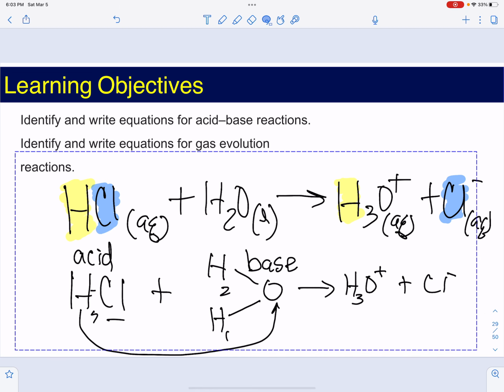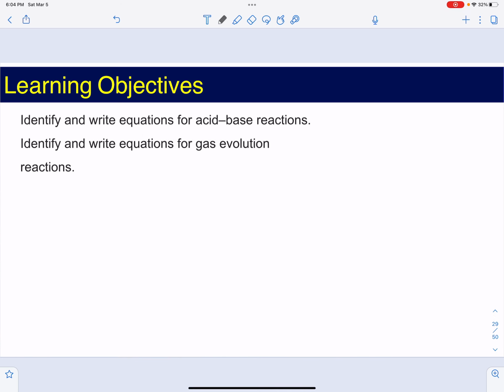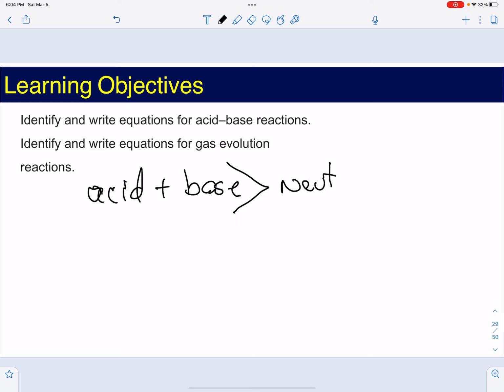Traditionally, when you have an acid and it reacts with a base, we call this a neutralization reaction because they neutralize each other.